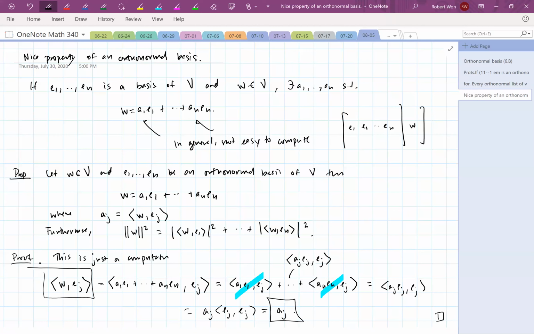But if I give you a vector written with respect to that basis, you know exactly what the coordinates are. If I give you just some arbitrary basis, it's sort of hard to figure it out. If you take any orthonormal basis, it is also easy to figure out the coordinates. So for that and many other reasons, orthonormal bases are very nice, right?